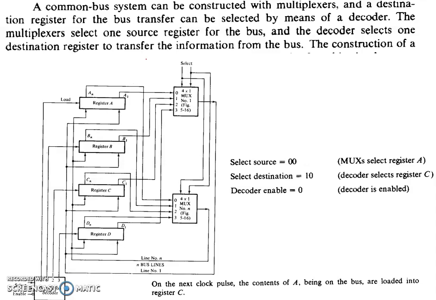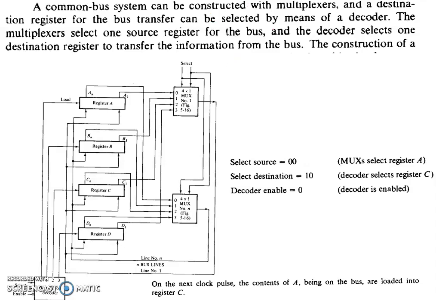So here the registers have the bits A1 to AN, which represent low order bits and high order bits. B, C and D have a similar arrangement.